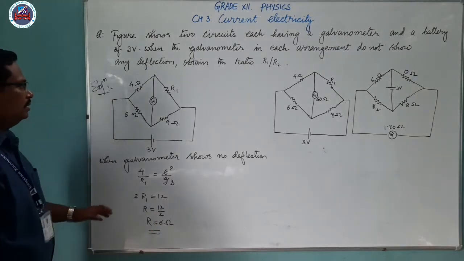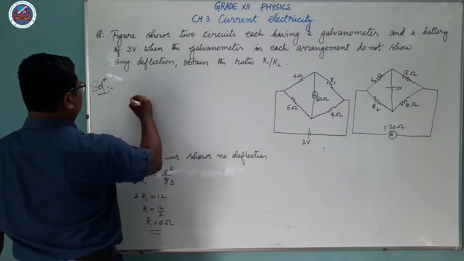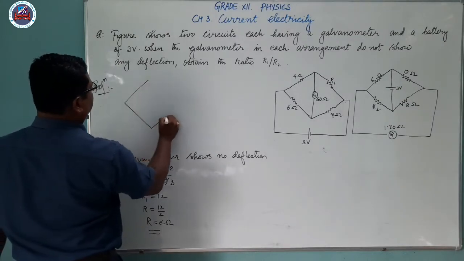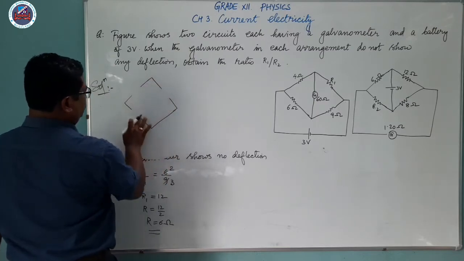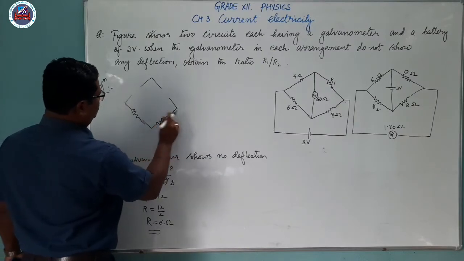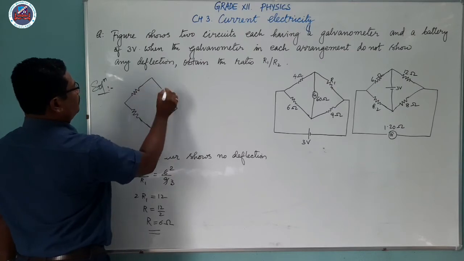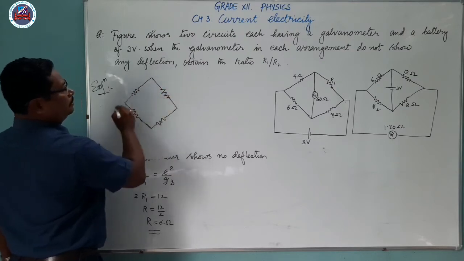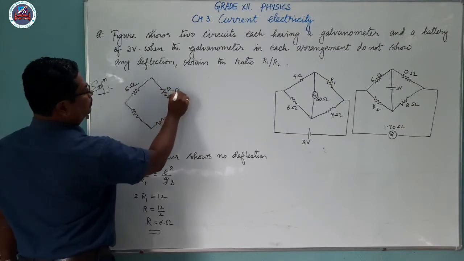But when you look at the second case, the diagram is somewhat like this. Here is given 6 ohm, this is 12 ohm.